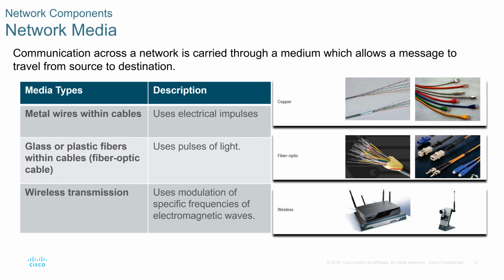Finally, another medium that we use today is wireless transmission. They use the modulation of specific frequencies of electromagnetic waves to send data between different clients and end devices. Wireless data transmission is not as secure as, let's say, fiber optics and is more prone to errors.